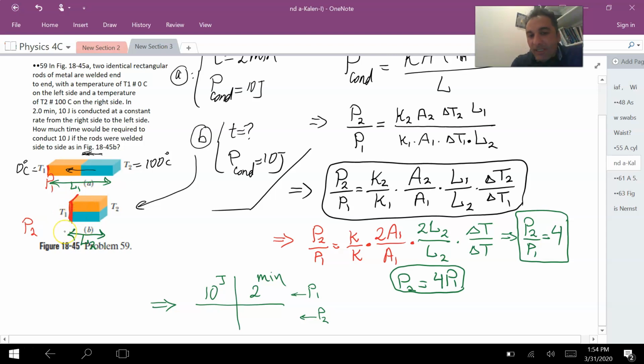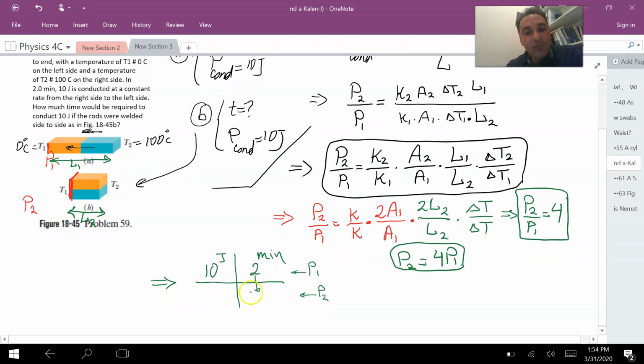So will your time increase or decrease? You tell me. The rate of conductivity here is much, much more. So your time will decrease. How much? 2 minutes divided by 4. Well, 4 times will decrease.